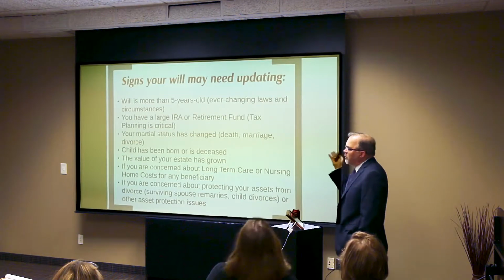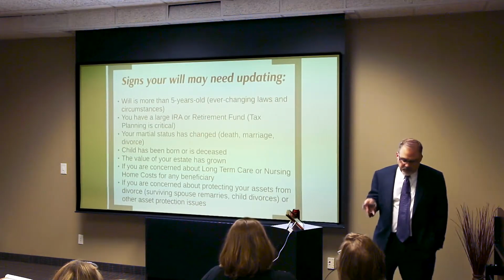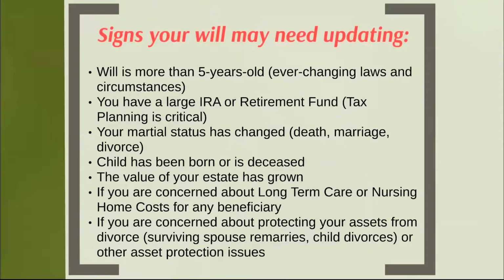So when does a will go bad? A will does not go bad because of time, but you want to check it about every 5 years. If you are going to have a large IRA or retirement fund, you may have tax planning and that may affect your will. Obviously, if your marital status has changed, if new children have been born or deceased.